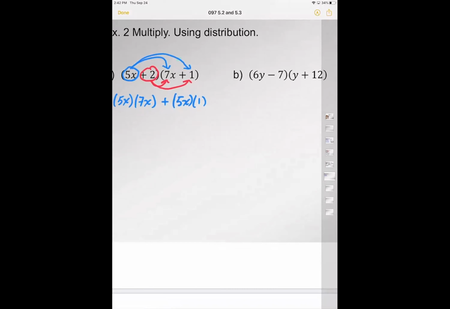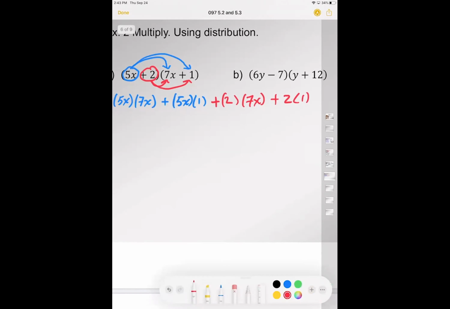And I have to do the same thing for the 2. I take the positive 2 times the 7x, and then the 2 times the 1. Technically, you take the first item and multiply it to the second 2, then take the second item and multiply it to the second 2. Did we do this before?